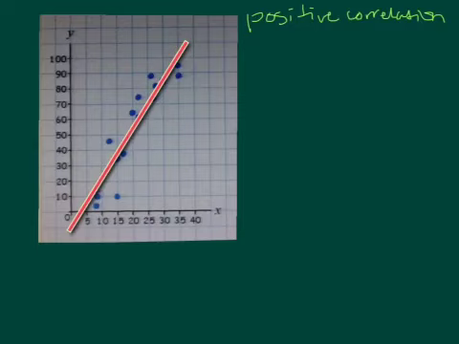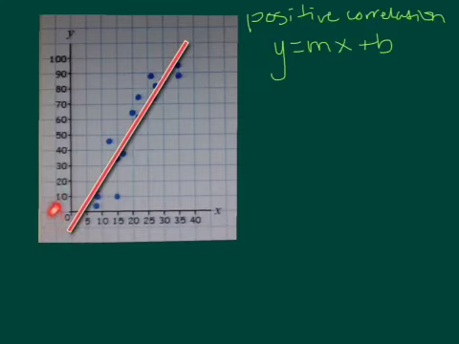Now we're going to look at writing that equation line to go along with that line of fit. Remember, the equation we use is typically given in slope-intercept form. So we're going to be looking for y equals mx plus b. The b value is where it crosses that y-axis.